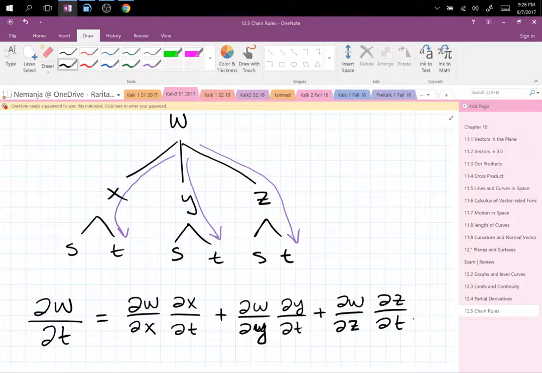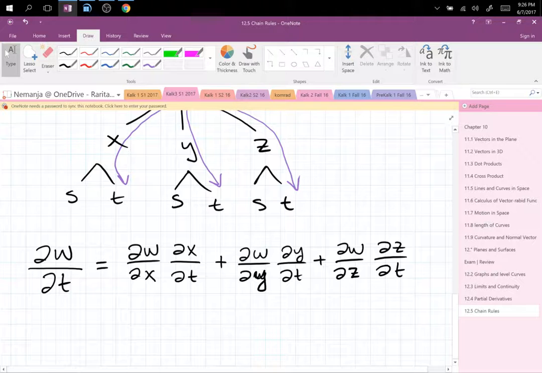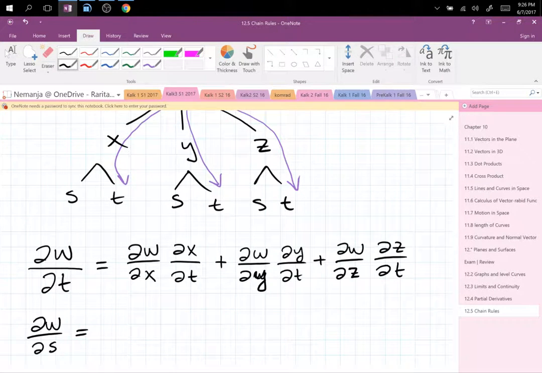Your job is to learn how to create the tree properly and then just follow down the branches to get the derivative. Now, we also have partial w, partial s, which would be, cut and paste this previous line and replace all t's with s's, because all of the branches are the same, except now you end with s rather than t.